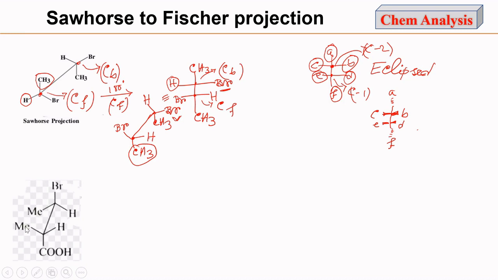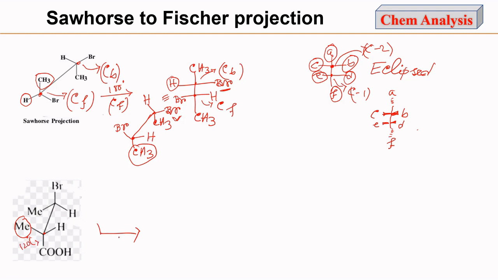So let's first keep this methyl group below the plane. Next we consider the other possibility. If we want to bring this methyl group below the plane, that is, we have to rotate this carbon substituent by 120 degree.